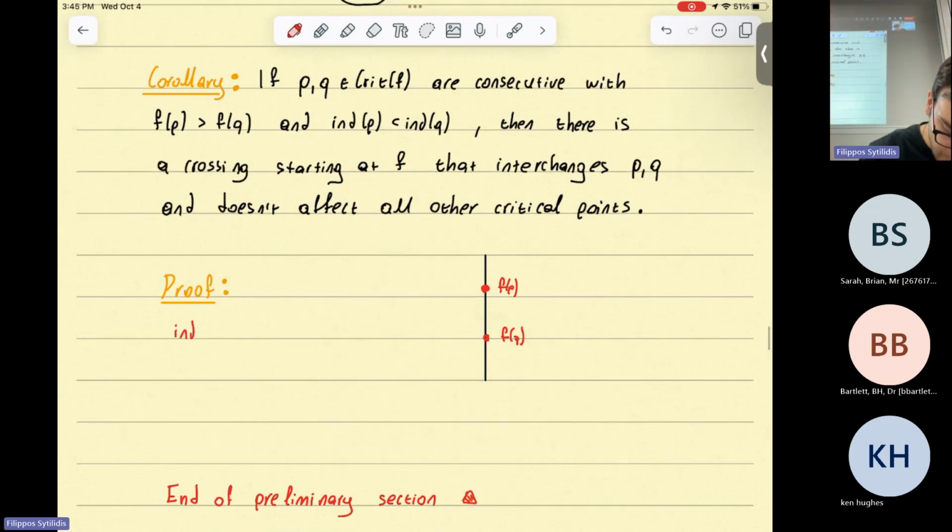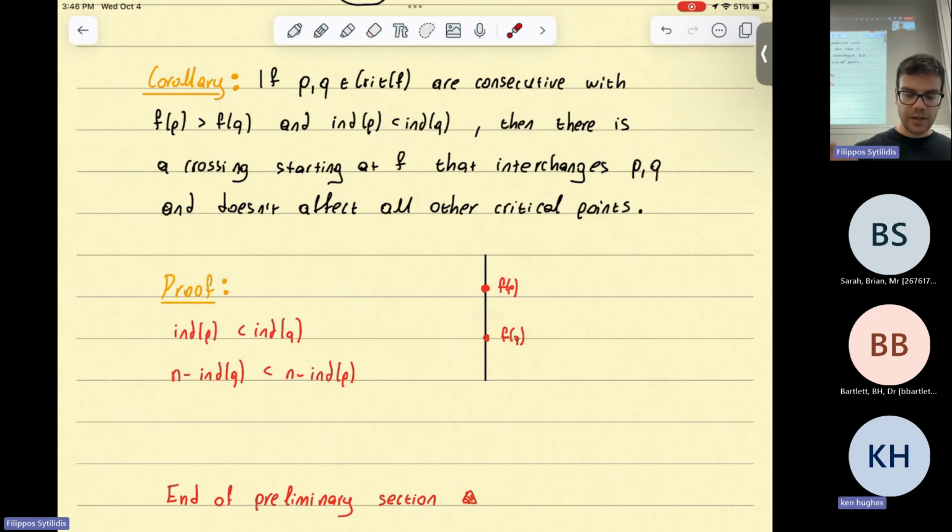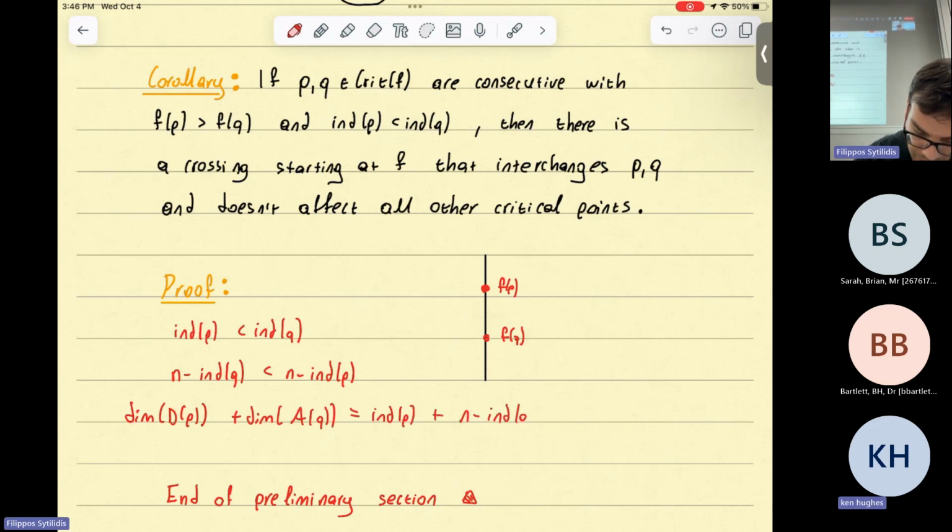I know that the index of P is less than the index of Q. That implies that n minus the index of Q is less than n minus the index of P. And the dimension of the descending disk of P is equal to the index of P, and the dimension of the ascending disk of Q is n minus the index of Q. So that sum is index of P plus n minus index of Q, and that is going to be less than n.